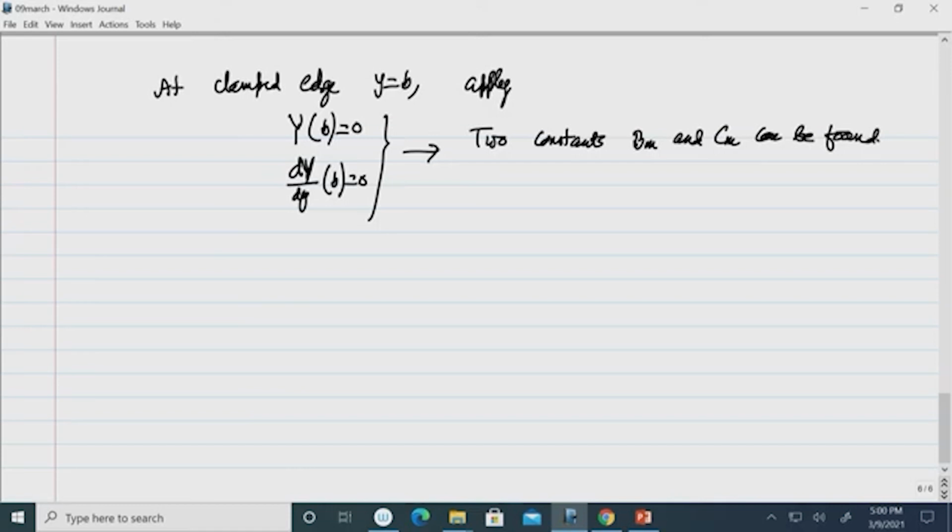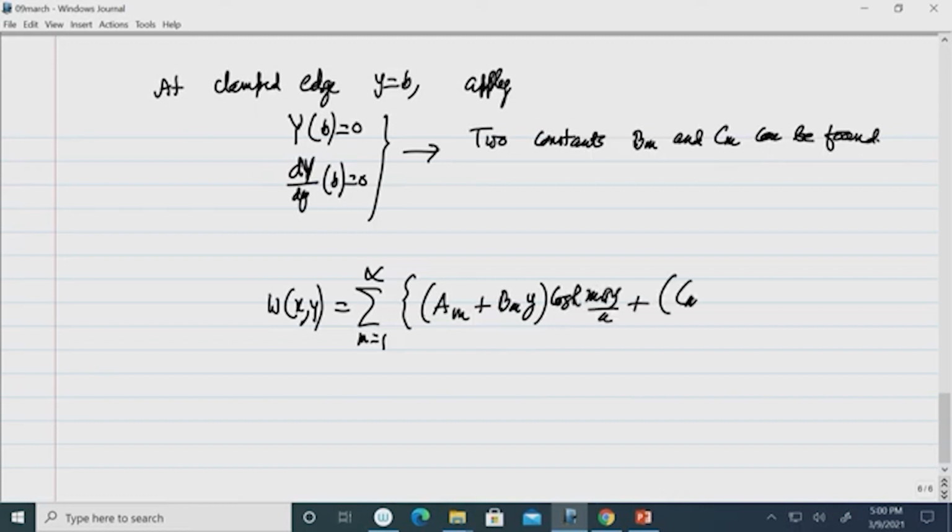So, therefore, the solution is now known completely with this series. Okay. So, the complete series is now known because a_m, b_m, c_m, d_m are calculated.